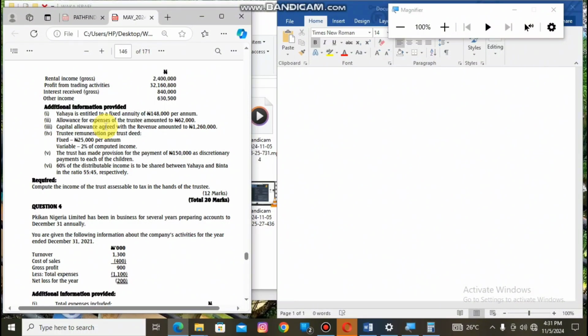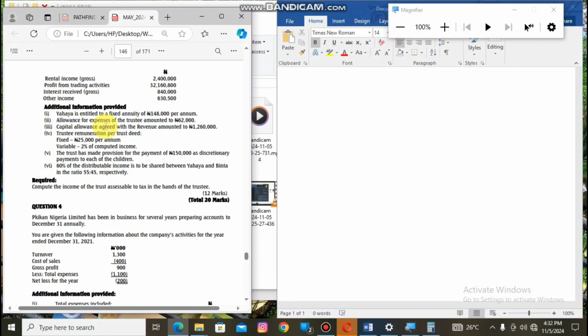I think in this place we have a little kind of adjustment, you understand? Because the computed income is not known. For you to get the computed income, you should have deducted the variable trustee remuneration. So if you don't know the value of the variable trustee remuneration, then how is it possible to get the computed income?